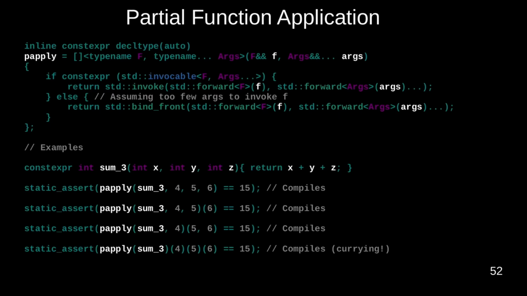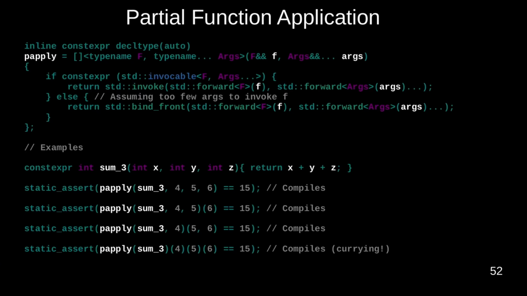That's a new function that was added in C++20. So it's like standard bind, but a little less general, although it has a much nicer syntax. So you just pass it a function and a bunch of arguments, and it will return a new function that has captured everything, and then you can call that. So that's what we want to do, except when we could just have called the function with all arguments.